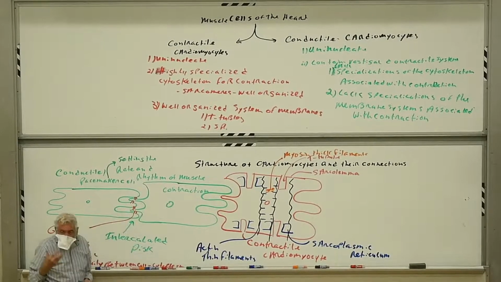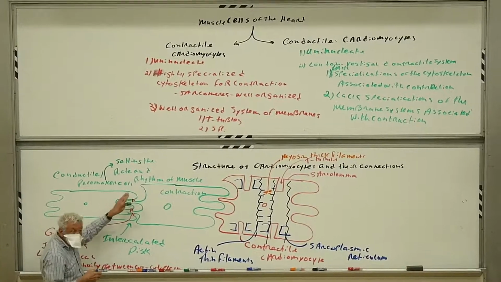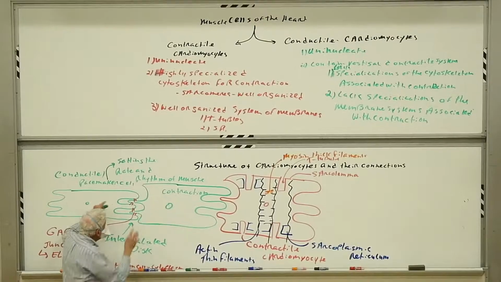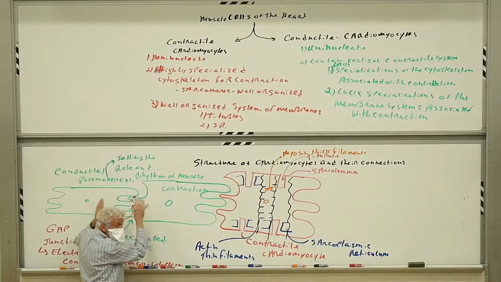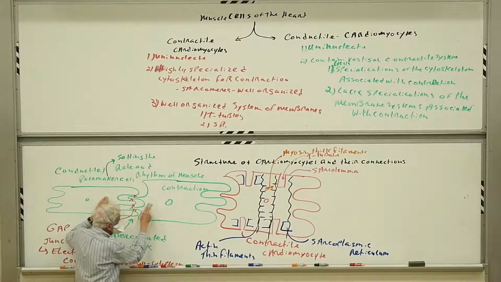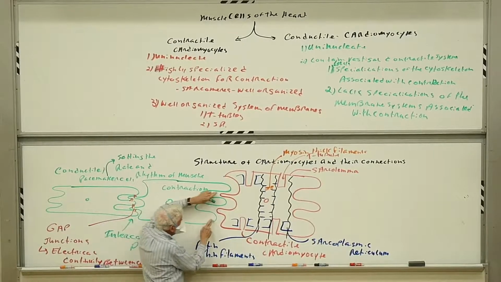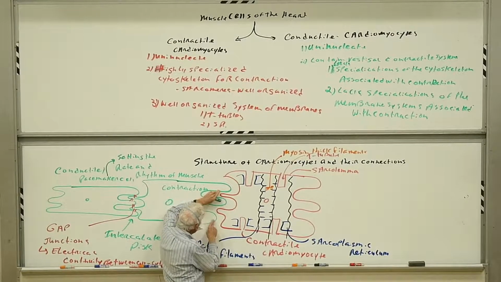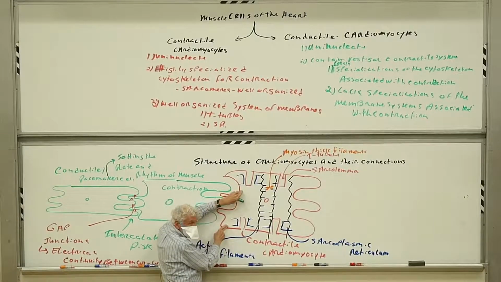So there's a division of labor among this fairly small number of cells, where these guys are generating electrical signals. Those electrical signals are being propagated from one conductile cell to the next until finally they reach this interface between the conductile system and the contractile system.